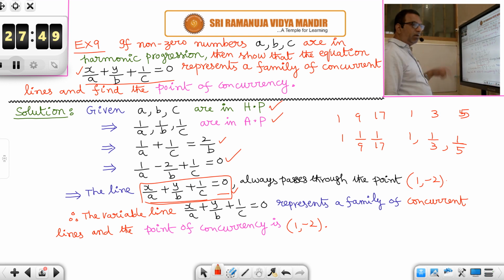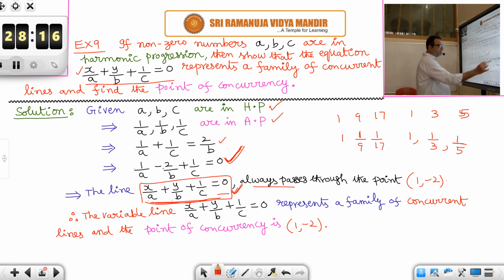But we have to show that all of them are concurrent. How do you prove that? Just compare these two carefully. What does this condition get by substituting which point in this line? In place of x, what is there? 1 is there. In place of y, what is there? Minus 2 is there. So this condition is just like substituting the point 1 comma minus 2 in the given equation.